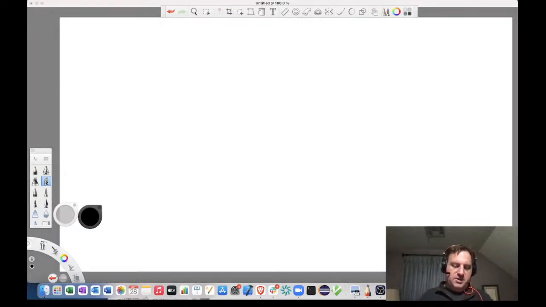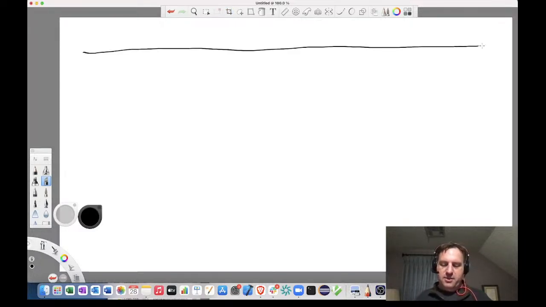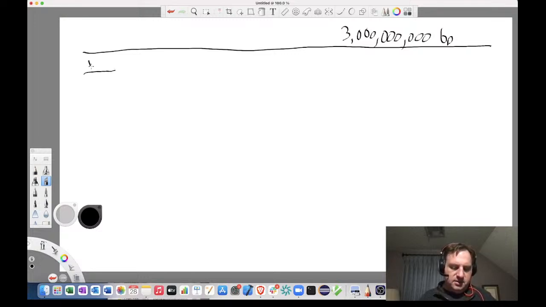imagine your genome, you've got about 3 billion base pairs. Well, the antibody, I think it's about 1,200 base pairs. And that's not even to scale.